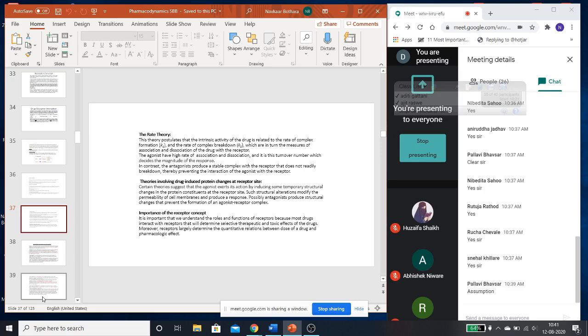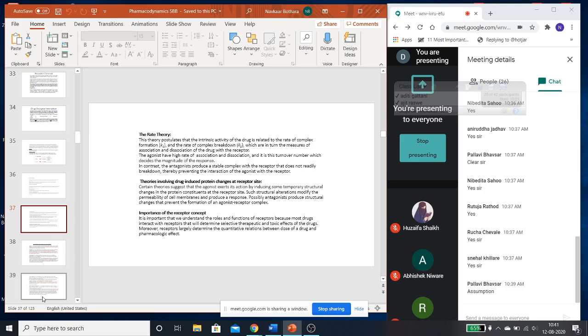So the rate theory postulates that the intrinsic activity of the drug is related to the rate of complex formation, that is K1. If K1 is higher, then more association will be there. And the rate of complex breakdown, which in turn causes the association and dissociation of the drug with the receptor.